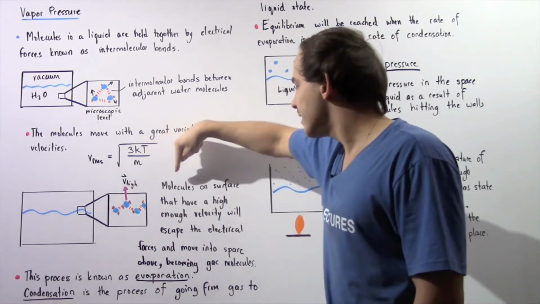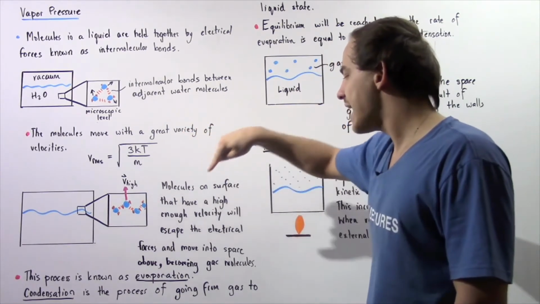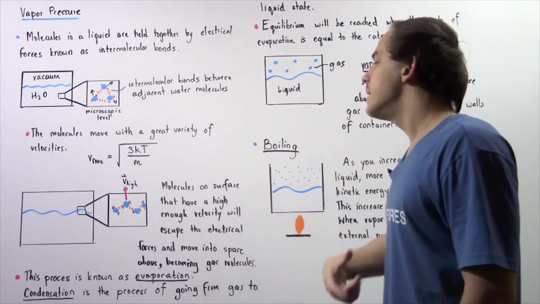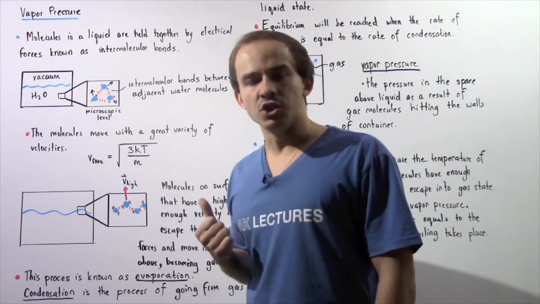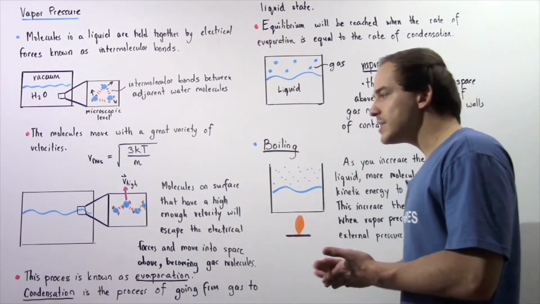So, once again, molecules on the surface that have high enough velocity will escape the electrical forces and move into the space above, becoming gas molecules. And this process is known as evaporation.